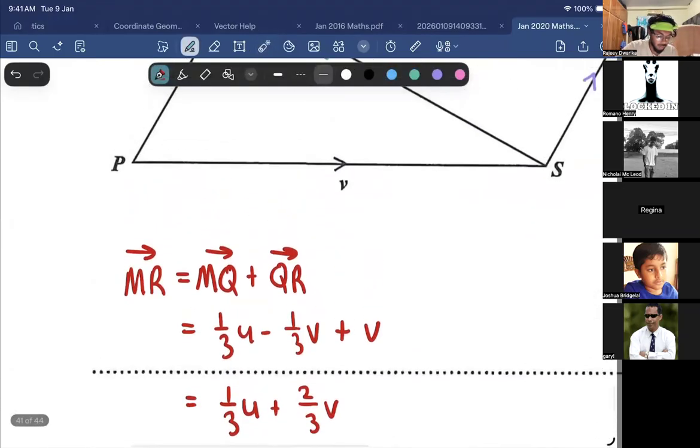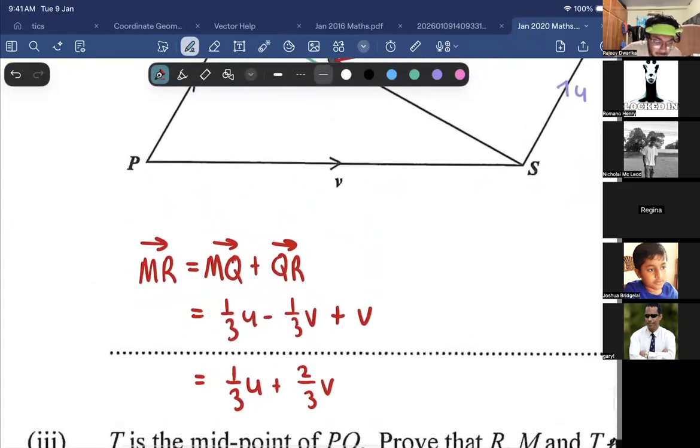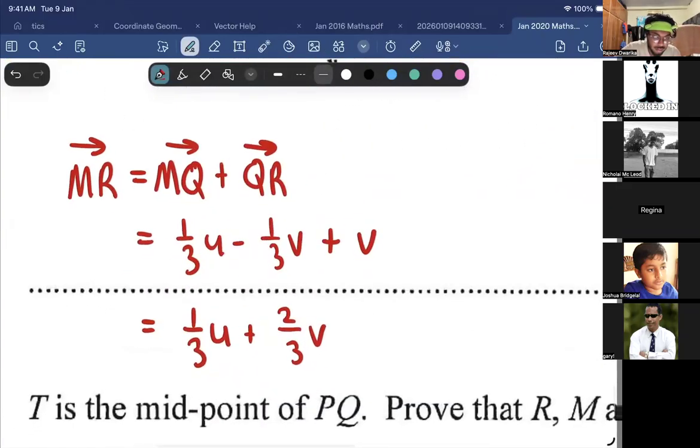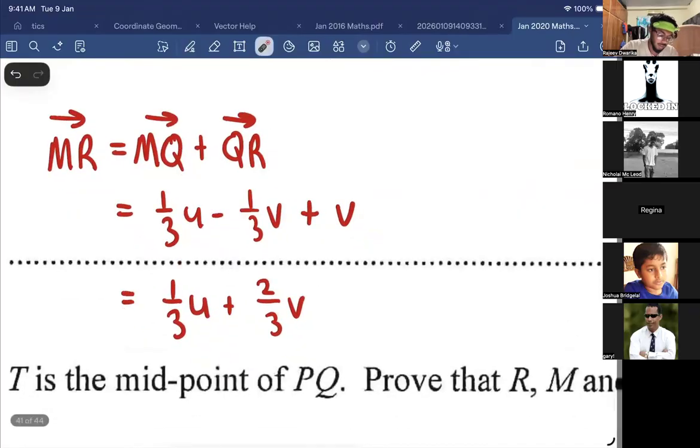Say that again? Okay, sir. That makes sense. Just to make sure we're not confused, right, Gary? Gary, how many V's do we have here? This is one V, and this is the third V. So it's minus a third plus 1.